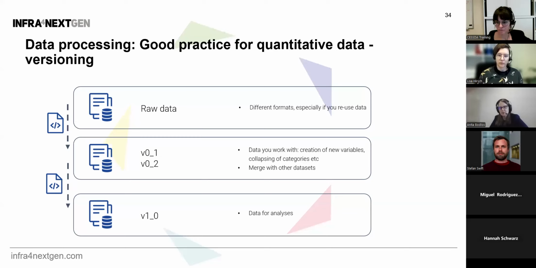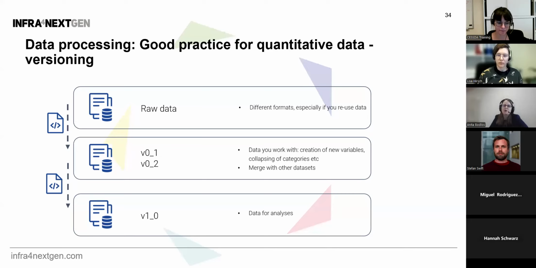Once you are happy with a version of this data set and would now like to really start analyzing this data, we recommend that you name this data version 1_0, and this then would be the first version on which you base your analysis.